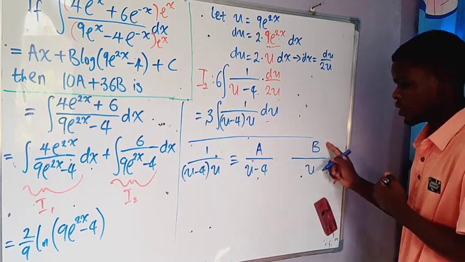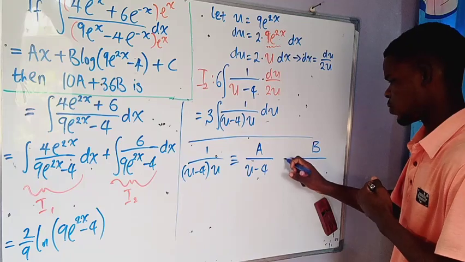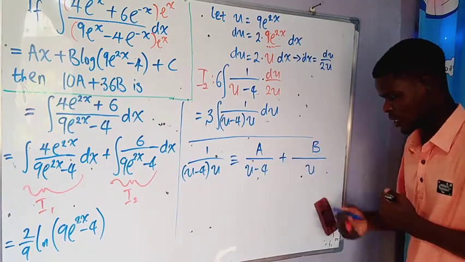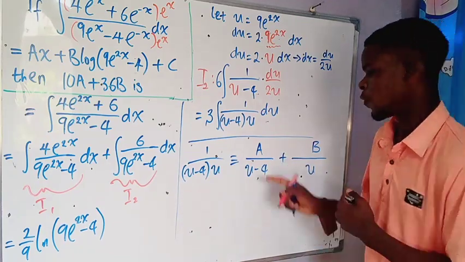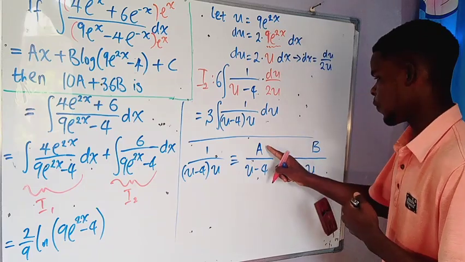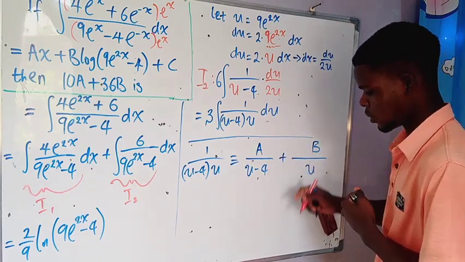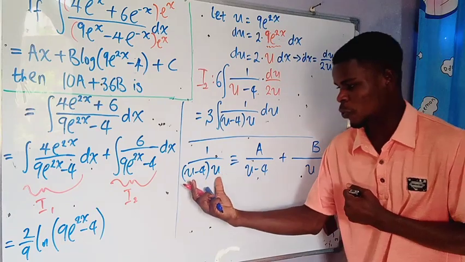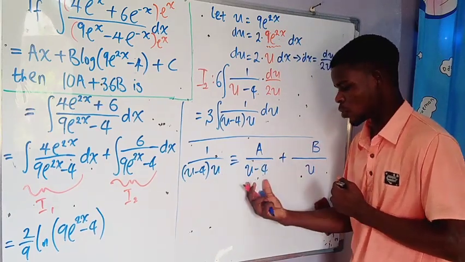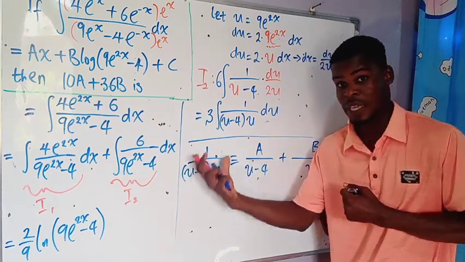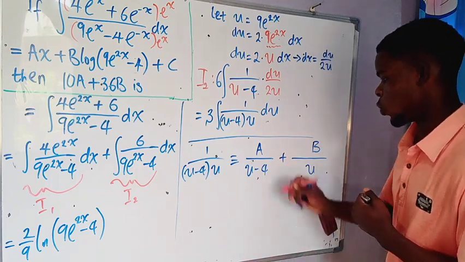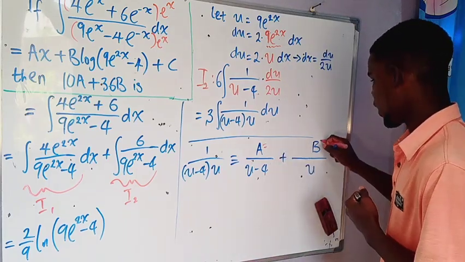So I'm using A and B to denote constants, just normal numbers, right? And if you like, you can just put the addition sign here for now. So what we need right here is to find out what the values of A and B are. The reason is we want to resolve this to its partial fractions such that the sum of these two smaller fractions will give us the bigger fraction. Okay, so what is the value of A and the value of B?